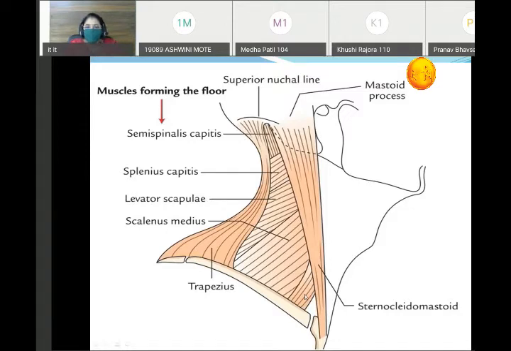So these two muscles, the scalenus anterior and medius, are over the first rib. We have seen that. Then levator scapulae, we have seen over the scapula. So these are the muscles which form the floor of the posterior triangle.